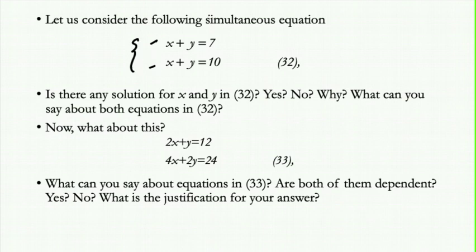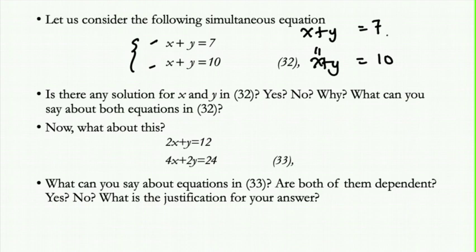Now, before we calculate and attempt to solve the equations to find x and y, you have to think intuitively. The first one is x plus y equals 7, and the second one is x plus y equals 10. X plus y here is equal to x plus y in the second one, isn't it?